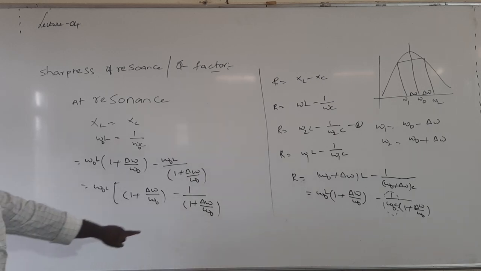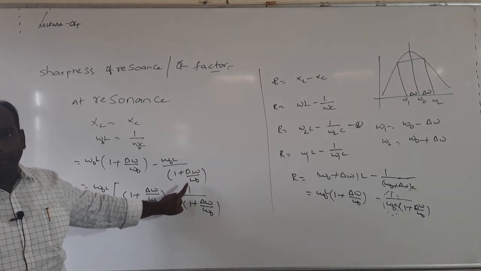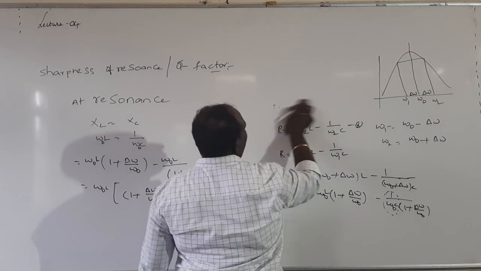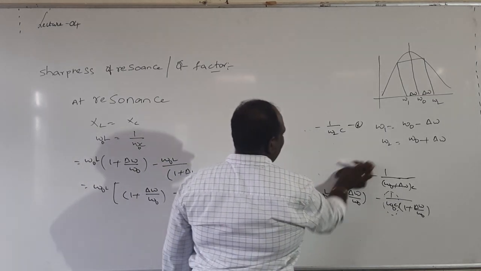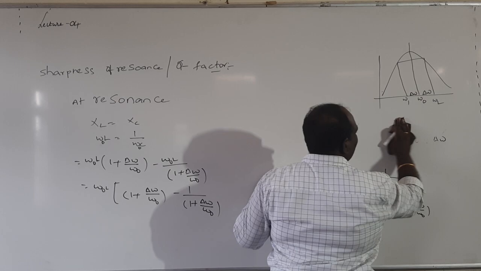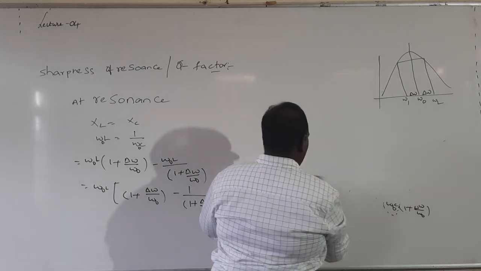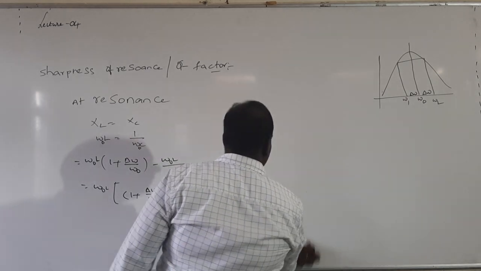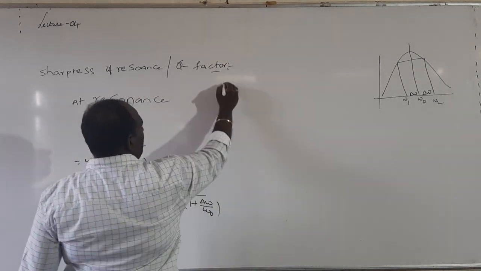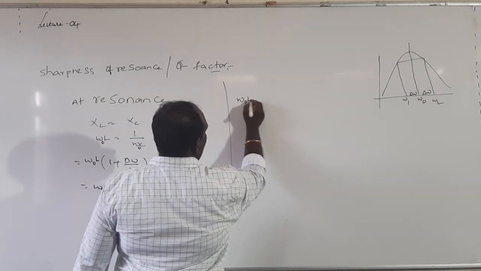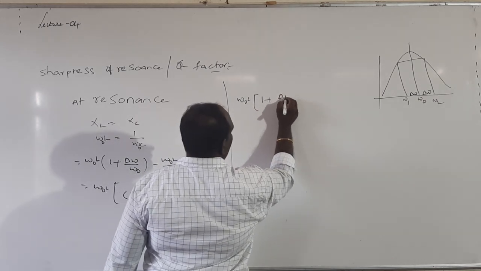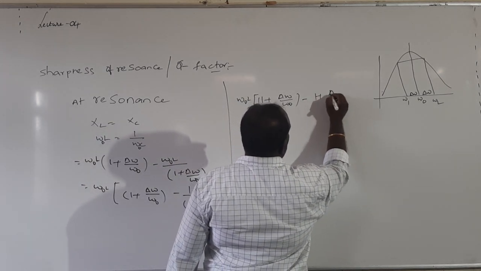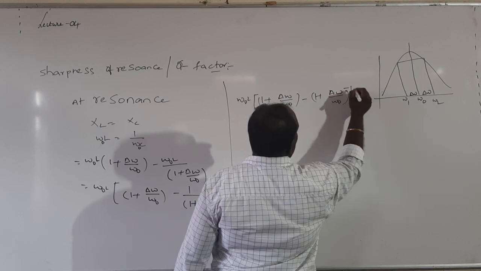This is in the form of 1 by A. 1 by A can be written as A power minus 1. So by using that expression, we get omega naught L into 1 plus delta omega by omega naught minus 1 plus delta omega by omega naught whole power minus 1.